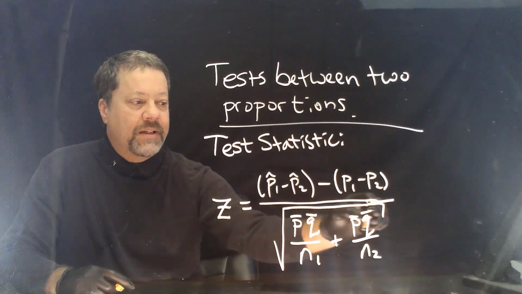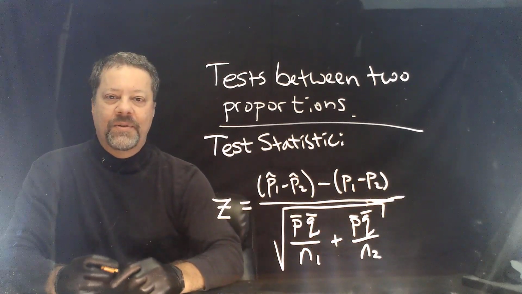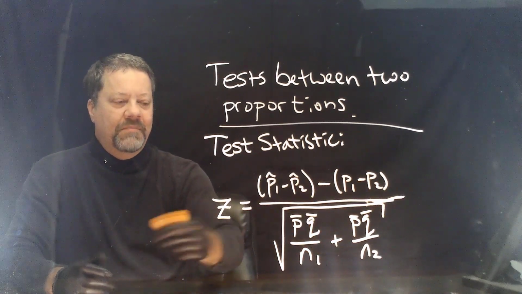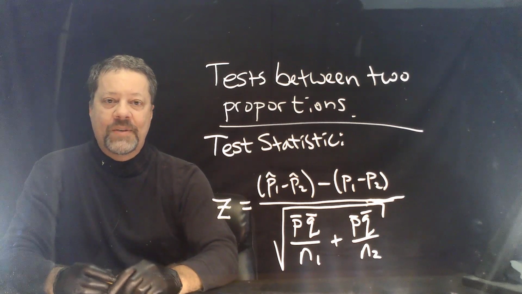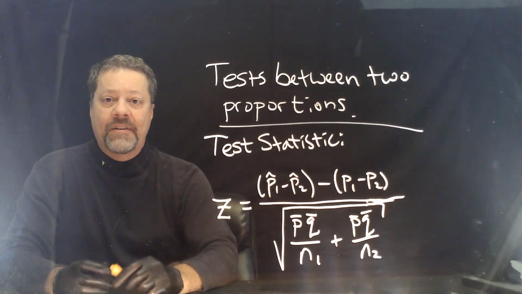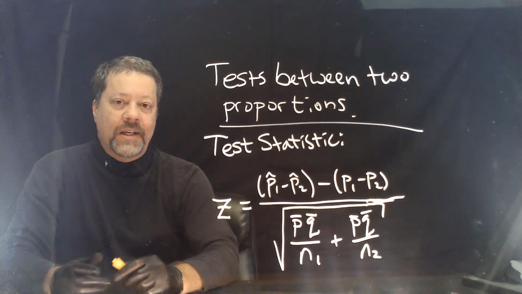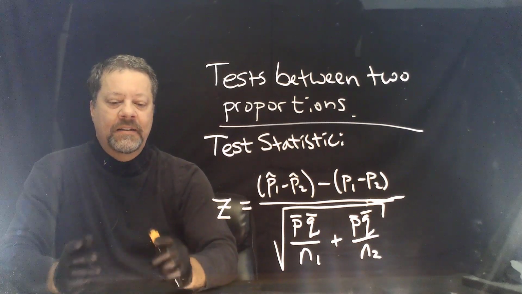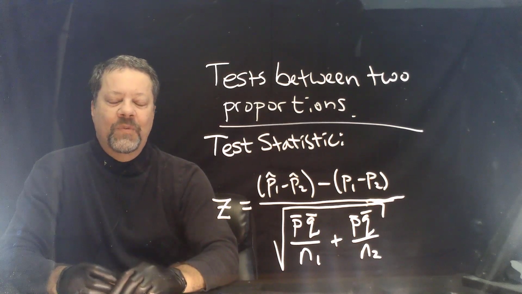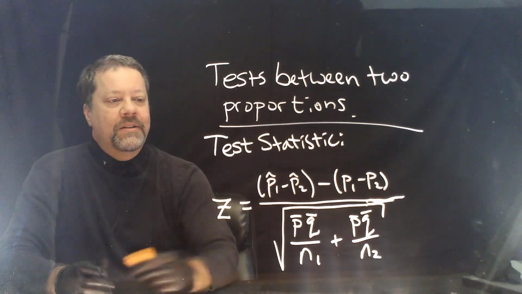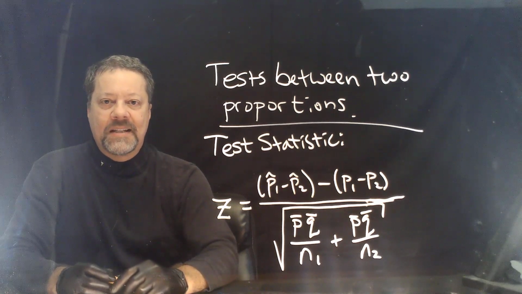That's where the square root ends. That's where the fraction goes. And then we'll conduct this the same way as we have in the past, using either a p-value or critical z's, or even the confidence interval method. One of those 3 methods we'll use to conduct the hypothesis test.